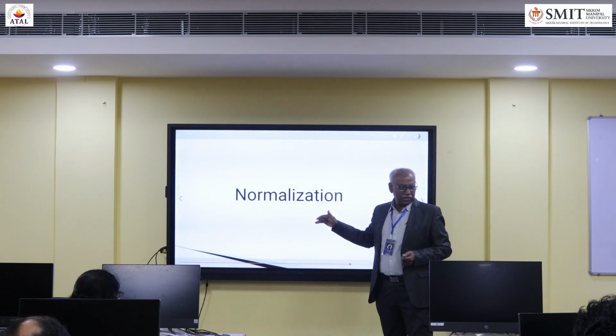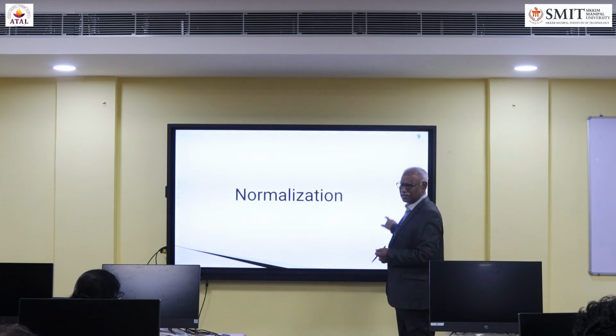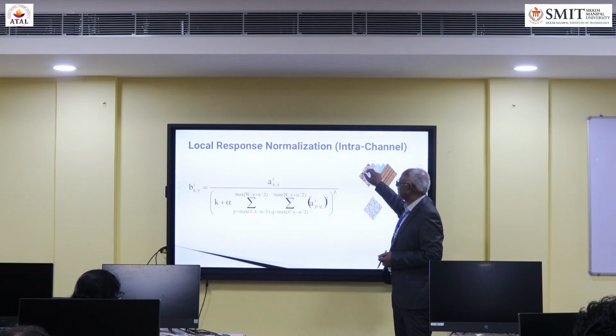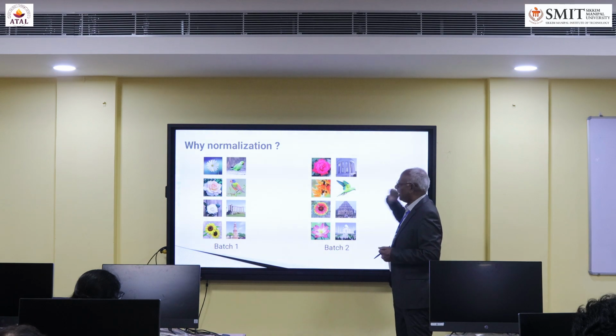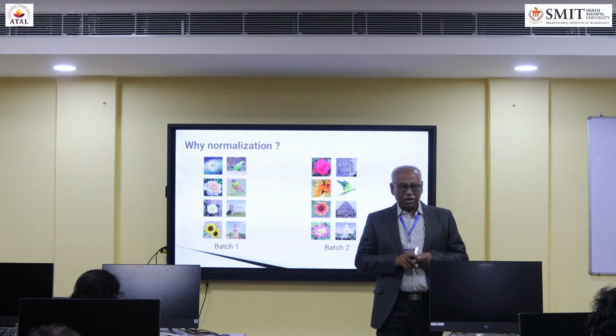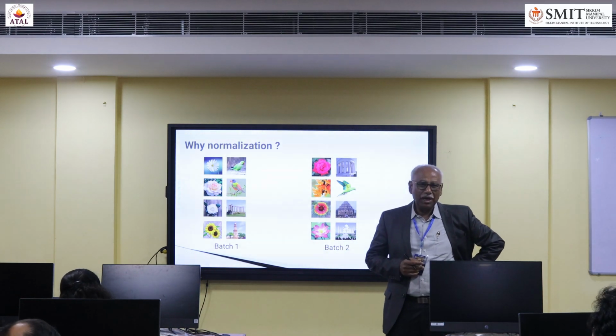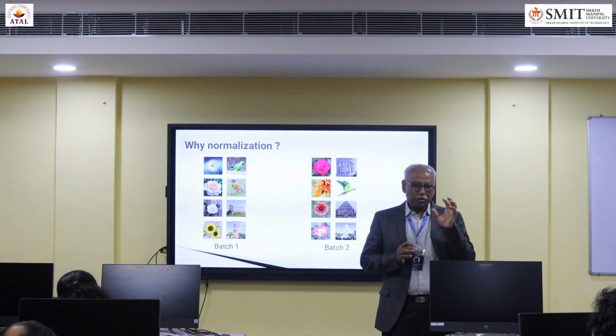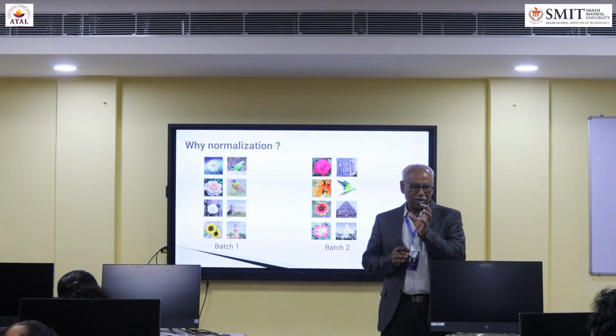There is a process called normalization. I think I'll just introduce why normalization is required without going into mathematical details. When you train such a neural network, it is usually trained in batches. Right? I have to give some positive class, some negative class.